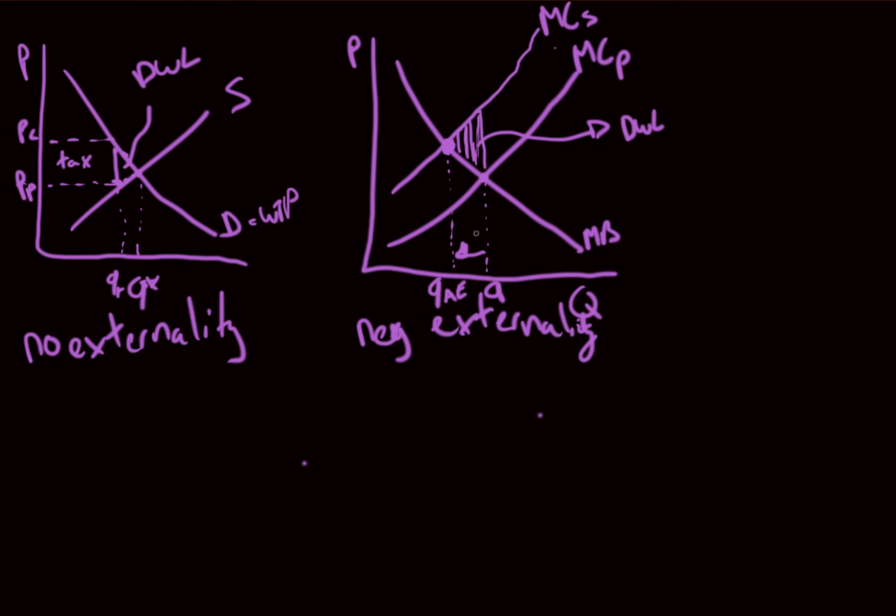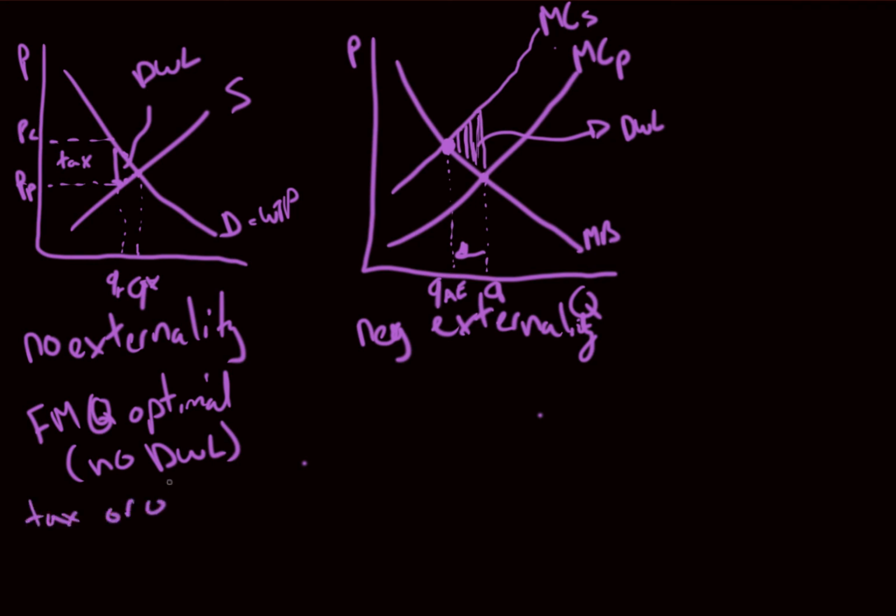So the big idea here is that with no externality, the free market quantity is optimal. What I mean by that is there's no deadweight loss. And when we introduce a tax or other distortion, it leads to a deadweight loss.